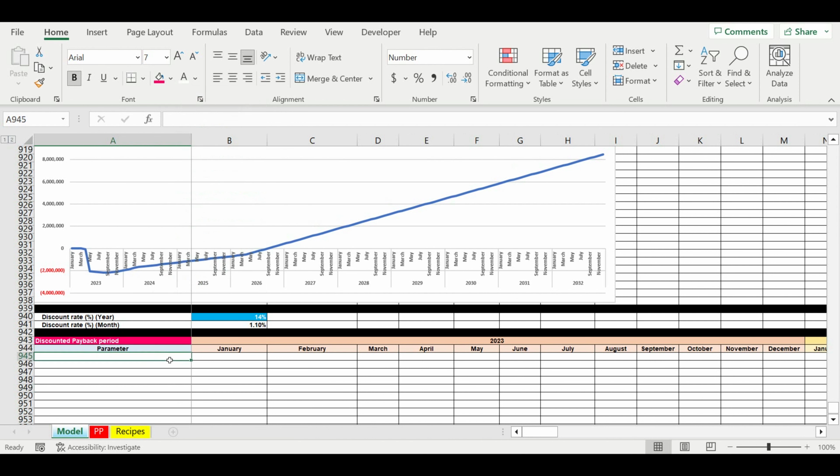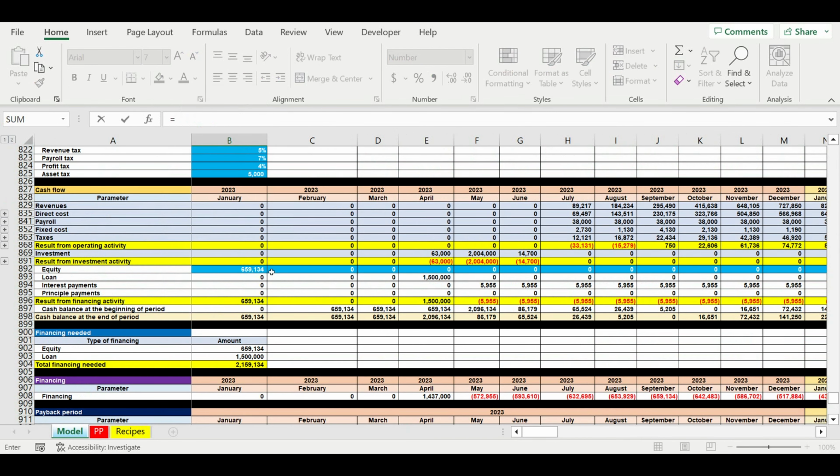So first of all, what we are doing, we are calculating the cash flow. So we are doing the result from operating activity plus the result from investment activity minus interest payments minus principal payments. We're not touching equity and loan inflows.